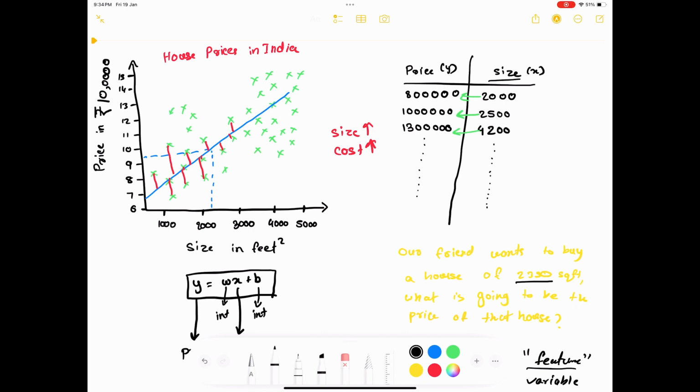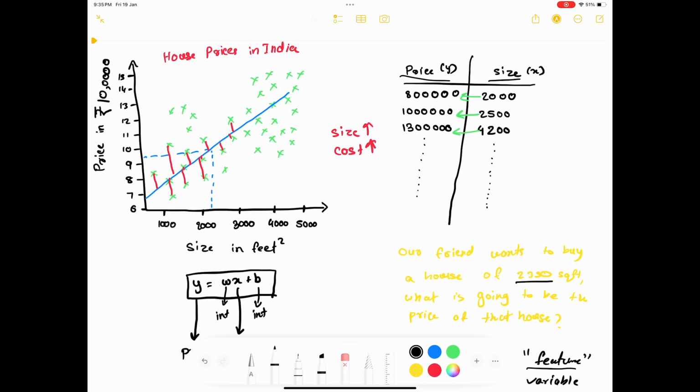It is going to take a bunch of this data, and it is going to predict some value based on a whole host of features, meaning the feature variables or the input variables, in this case size, and it will predict some other variable, in this case price, given those feature inputs.